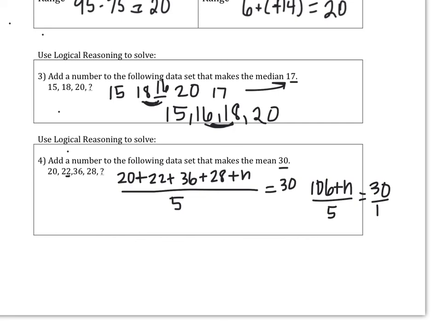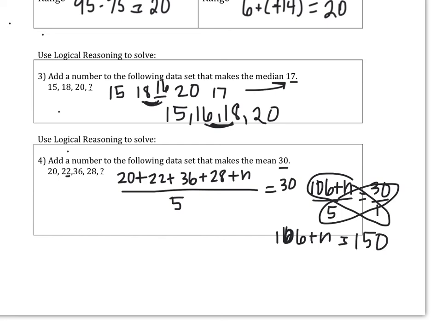Now we know we can cross multiply in order to find our answer. So we have 106 plus n, times 1, which is just that, equals those two multiplied together, which equals 150. So I'm going to clean this up a little bit.